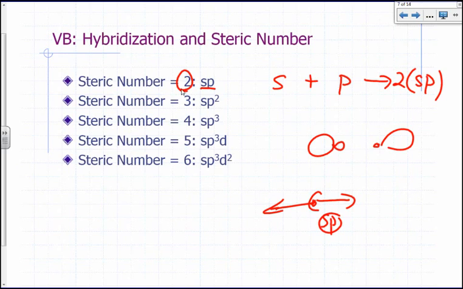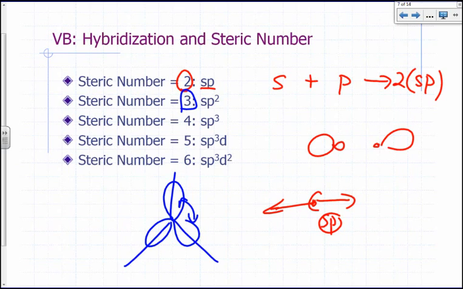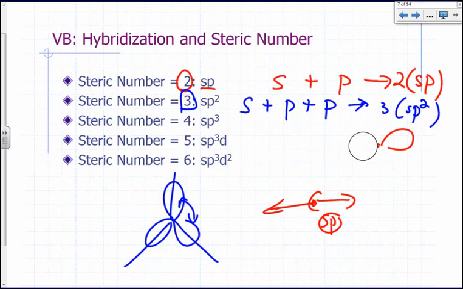If the steric number is 3, then in order to get those 120 degree bond angles of the sigma bonds sticking out of the atom, you're going to need sp2 hybridization. That means you have to hybridize an s orbital with 2 of the p orbitals, and that will give you 3 hybrid orbitals, which we call sp2 hybrids.